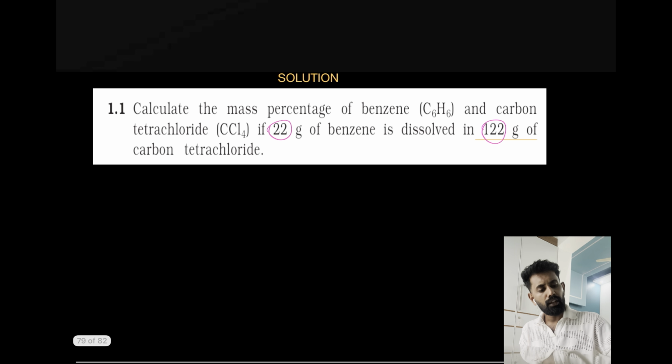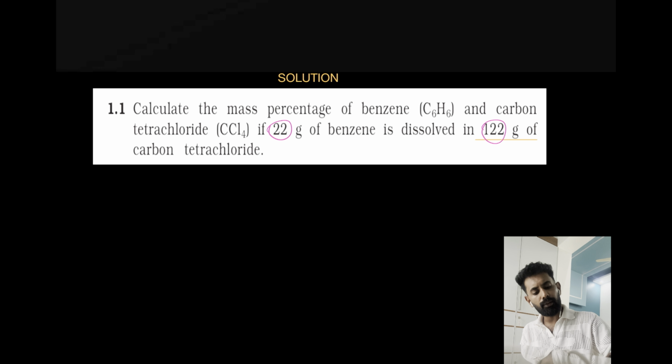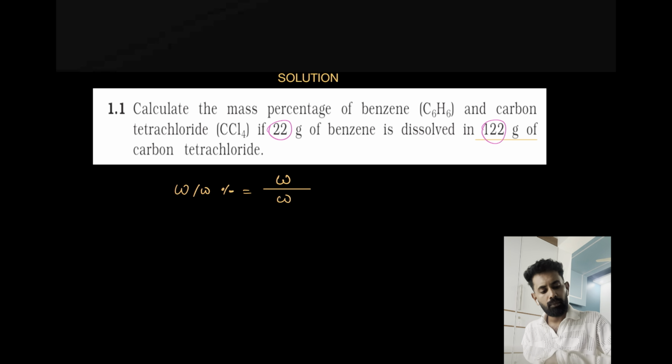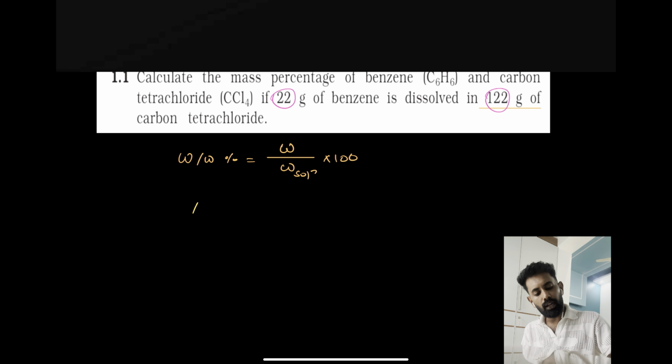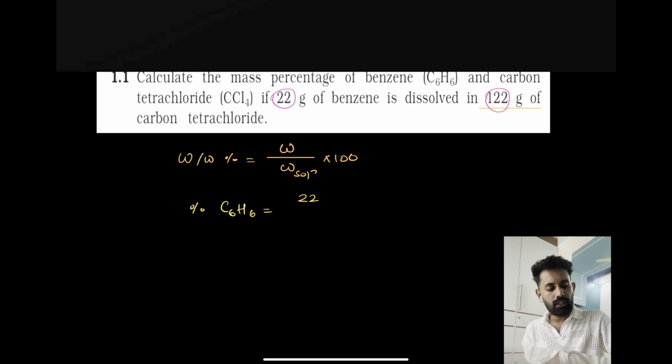Okay. So we have an equation for calculating mass percentage, that is mass by mass percentage is equal to mass of the substance divided by mass of the solution into 100. For example, if you want to calculate the mass percentage of benzene, you can write it as mass of benzene divided by total mass, that is 22 plus 122 into 100.